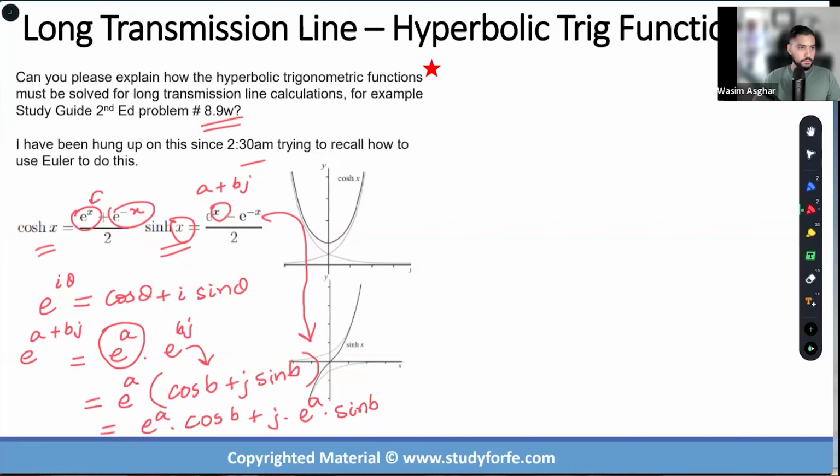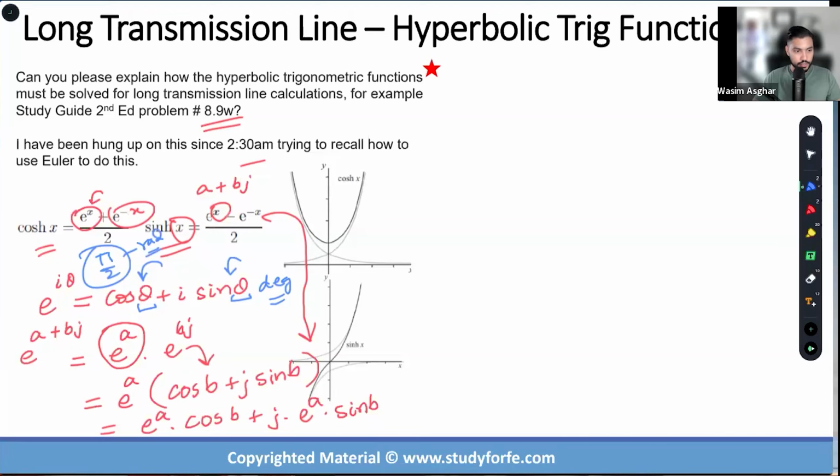Is this clear? The only other thing I'm going to warn you to keep an eye on is the angle, whether it's in degrees or radians. You know that whenever the angle has a pi by 2 or pi by 3, we can right away categorize it as radians.